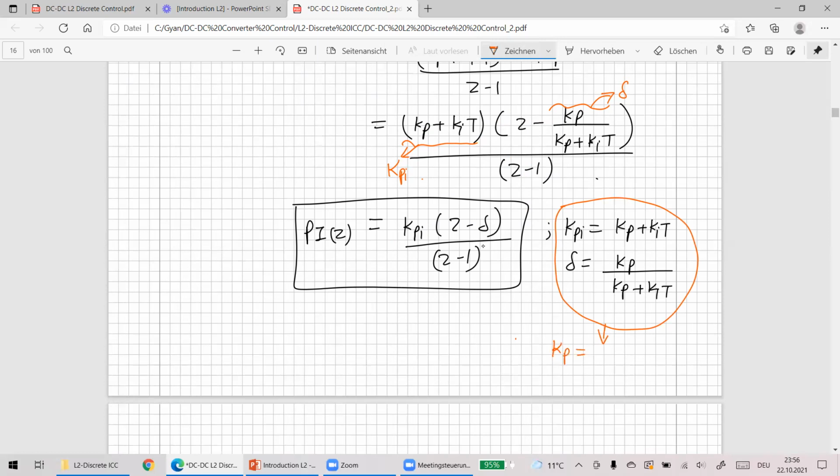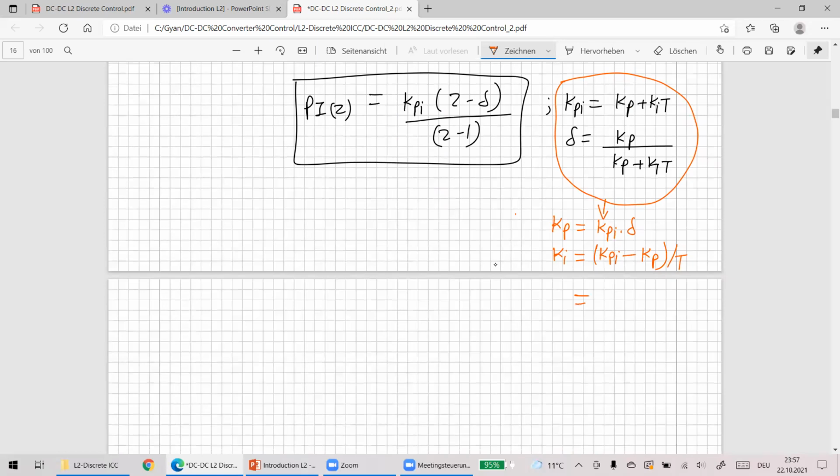KP you can easily write as KPI into del, and KI you can write as KPI minus KP over T. And so again you can write KI as KPI into 1 minus del over T.